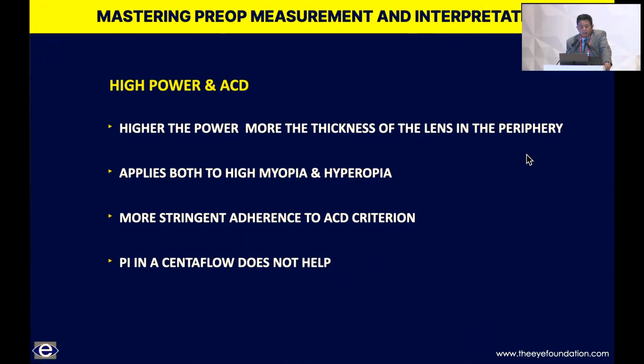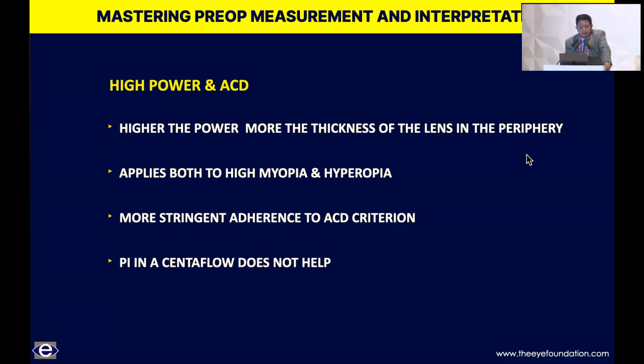And one very important thing that needs to be remembered is that the higher the power, whether it is minus powered lenses or plus powered lenses, these are the ones which are thicker in the periphery. This is where the patient begs you, and you're also somewhat tempted to bend the rules. If it's a minus 18 diopters, obviously you don't want to do a clear lens exchange on that patient, who is not fit for laser vision correction, and he or she is very keen on a phakic intraocular lens, but has a 2.6 millimeter.